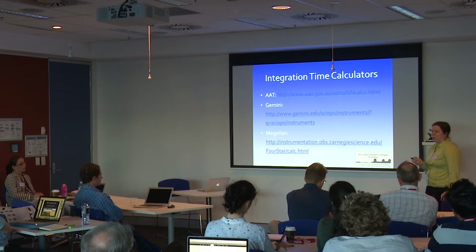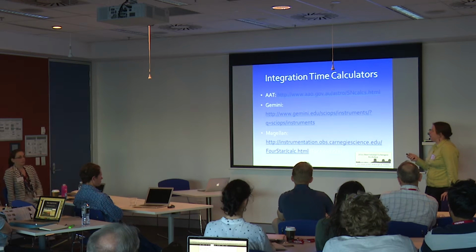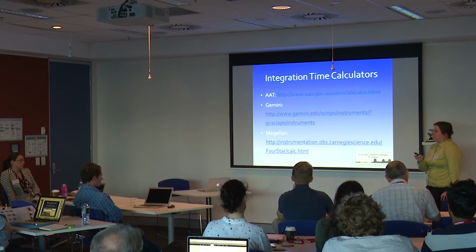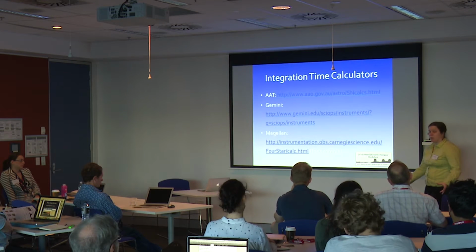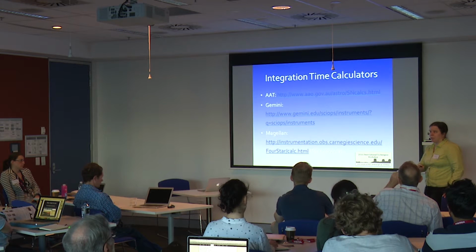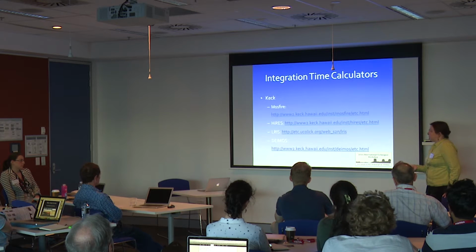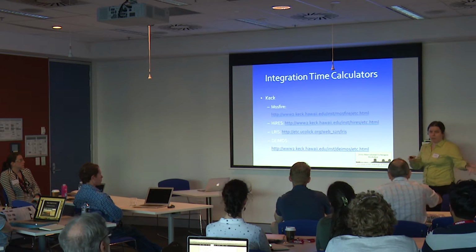These are not all equal, and integration time calculators can actually cause a lot of problems, like the reproducibility issue we just described. So doing a little research into what your integration time calculator is and how it works can help you a lot. And sometimes you might decide that you don't want to use the official integration time calculator.